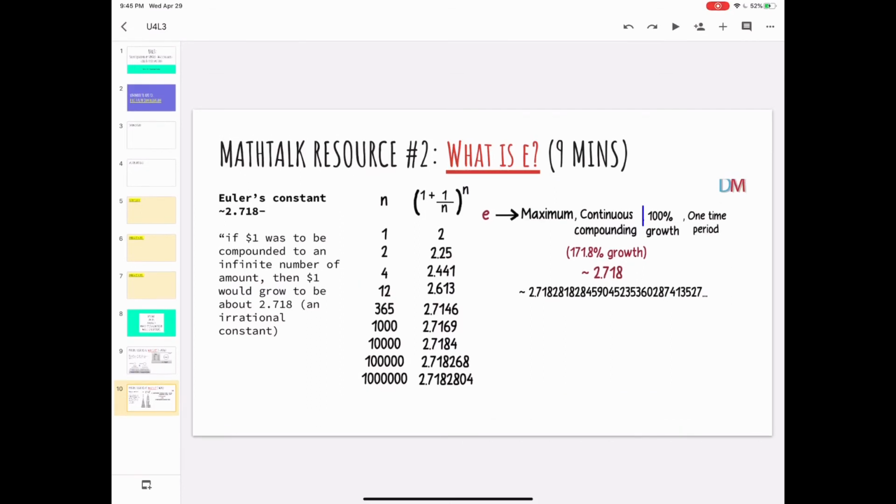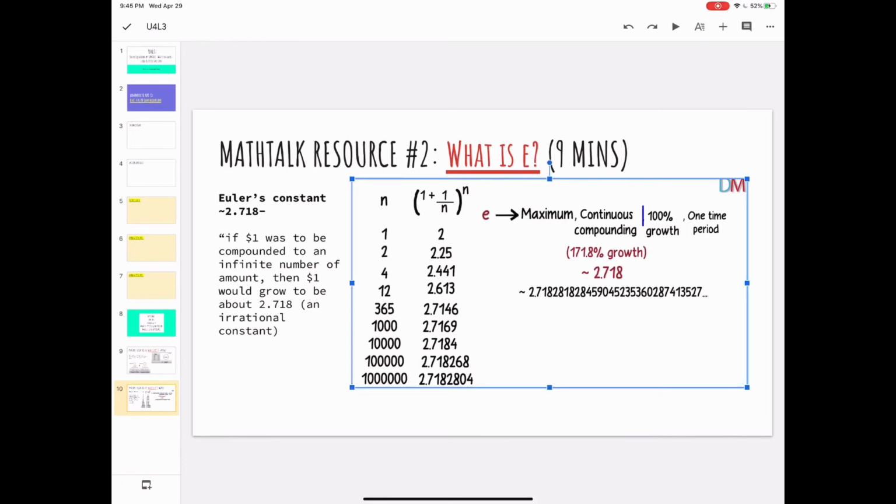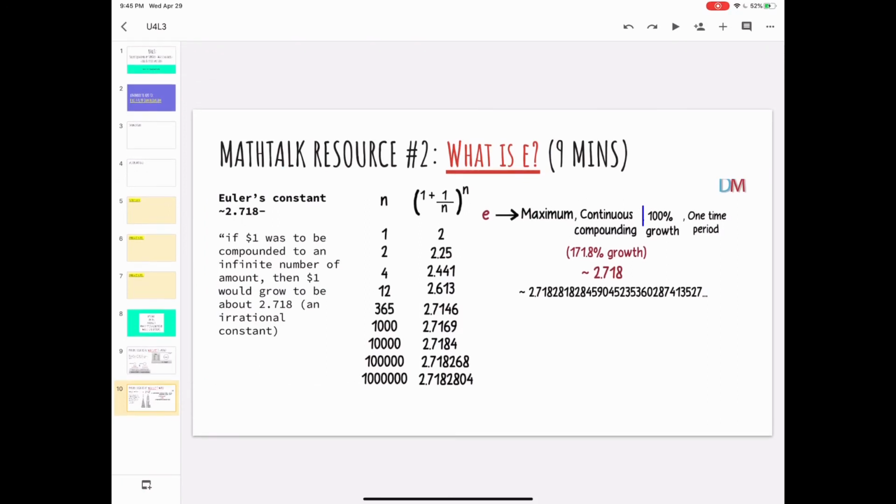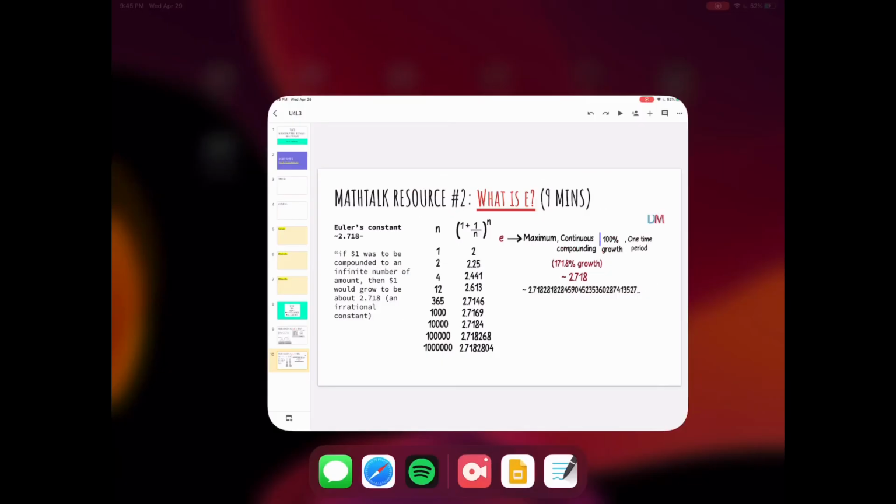When you start off with that value 1, and you do it to an infinite amount according to this formula, you will get about 2.718. So that is a comparison of where that Euler's constant is coming from.